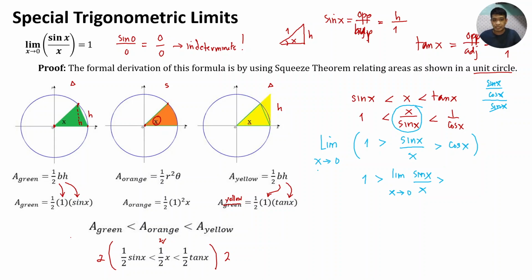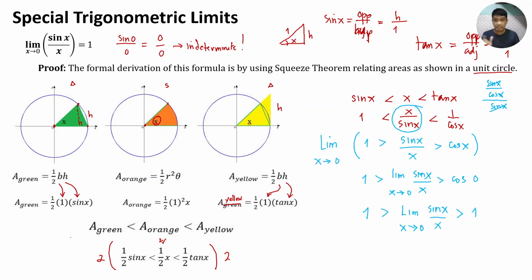So, since 0 is part of the domain, I can substitute cosine 0, the function value. So, this is 1 greater than the limit of sine x over x as x approaches 0, which is greater than 1.